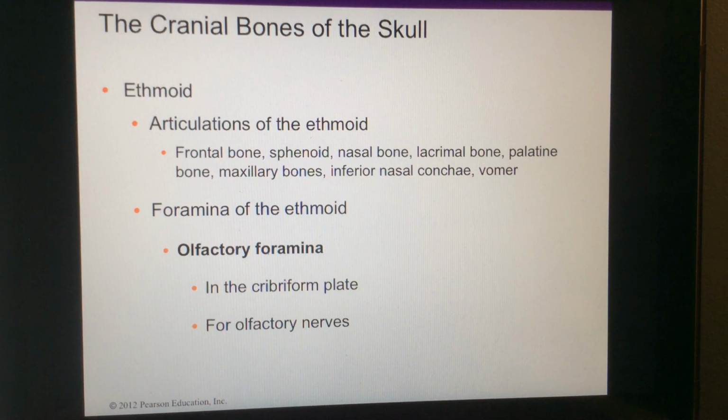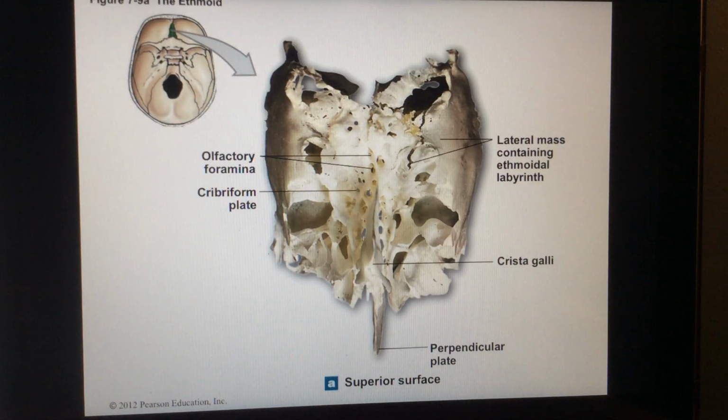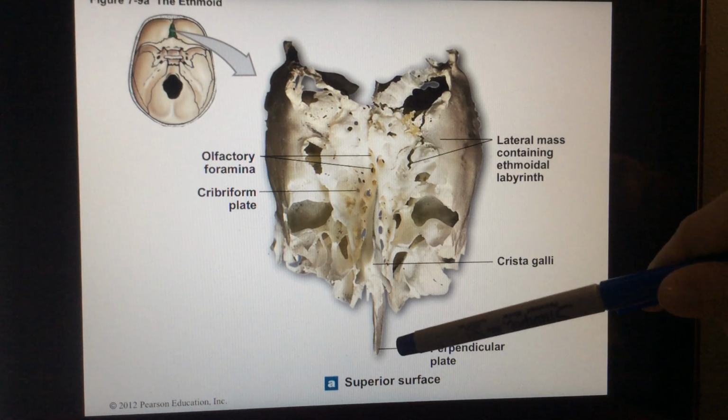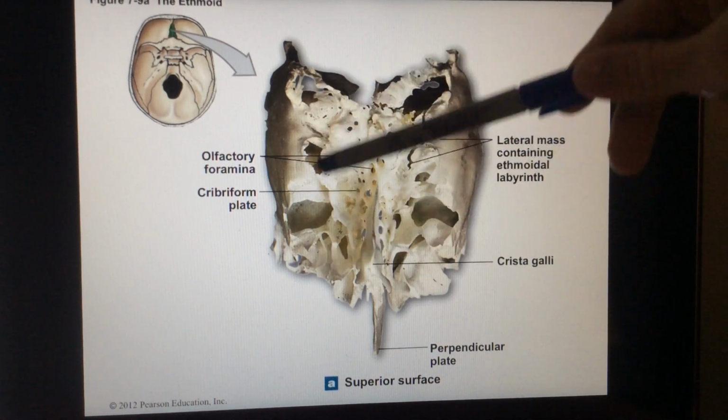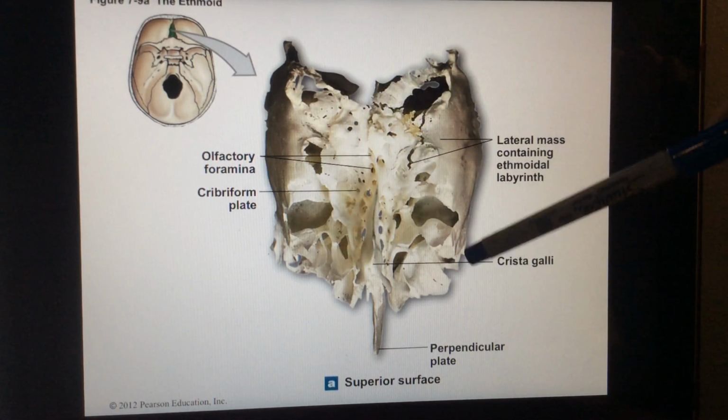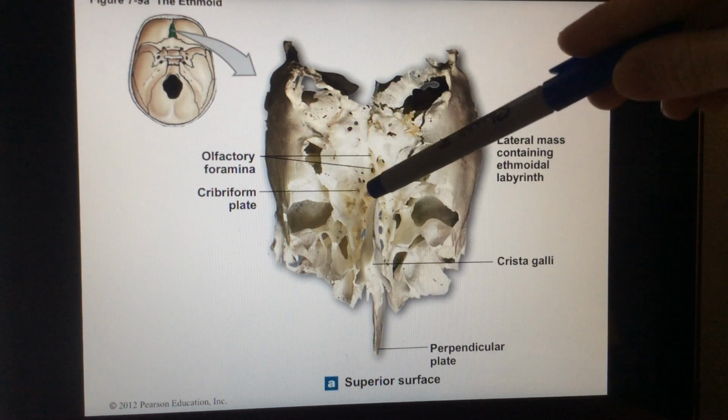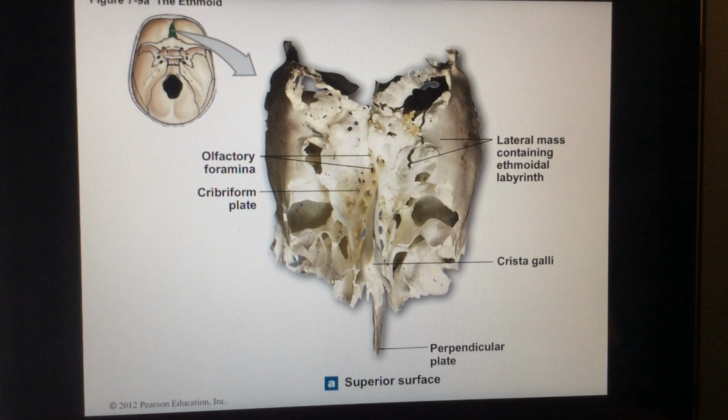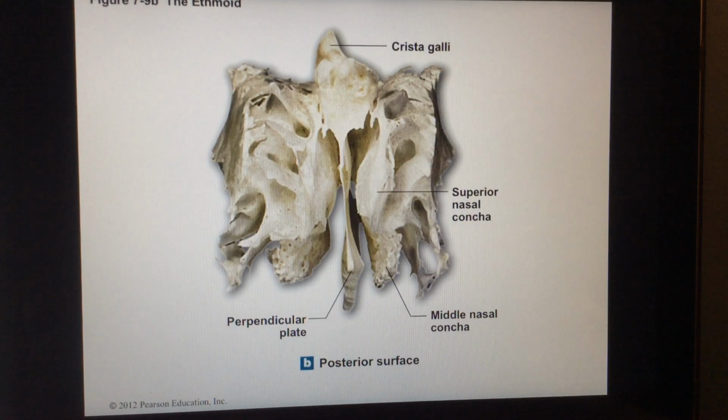So again, articulations of the ethmoid are quite a few, and you have the olfactory foramina in the cribriform plate for the olfactory nerves. Most posterior is going to be the perpendicular plate. You have two lateral masses for this ethmoidal labyrinth of air cells, olfactory foramina for the olfactory nerves, and then the crista galli to help adhere the brain down to the frontal.